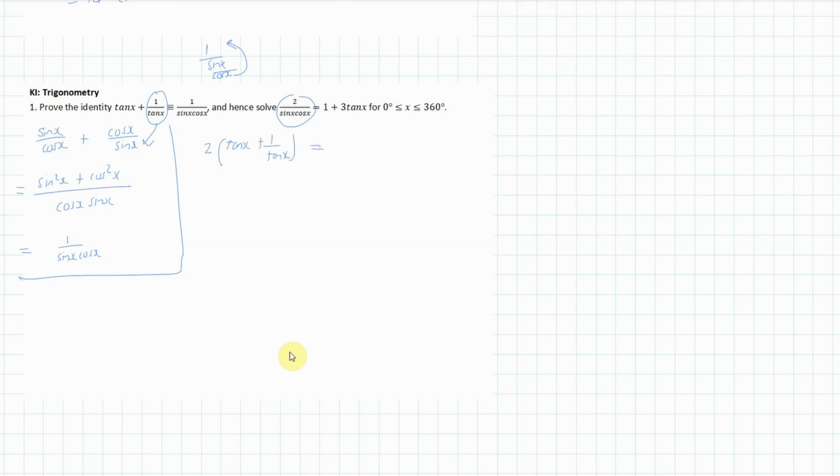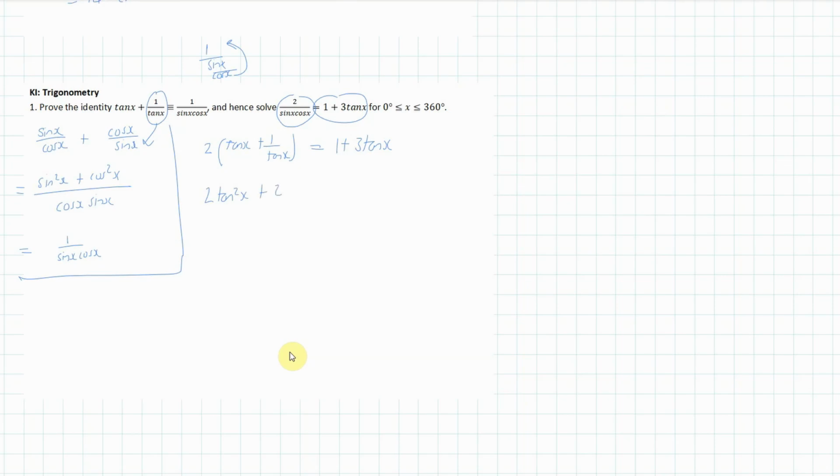And this should be equal to this side of the equation, 1 plus 3 tan x. Now, why did I do it into tan x? Well, because I could see that everything was going to be in tan x. So I'm going to times both sides by tan x, so I get 2 tan squared x plus 2.